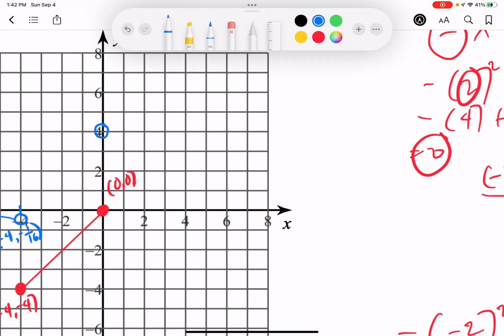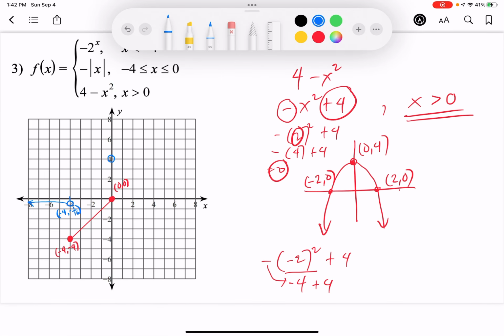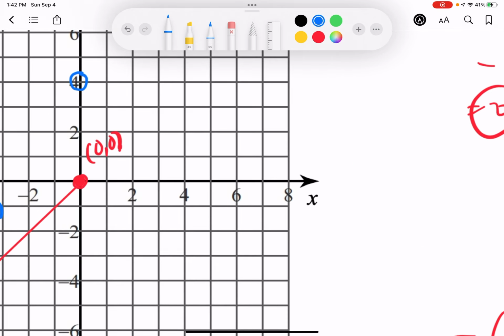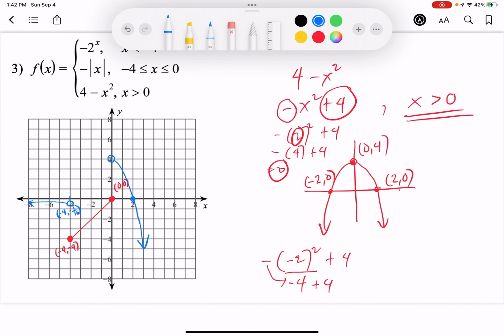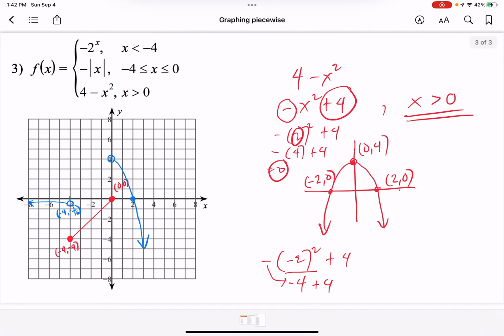Siyempre, hollowed. Kasi, hindi naman kasama yung 0 sa ating domain restrictions. Ngayon, meron tayong isang x-intercept sa 2, 2, 0. So, the graph now looks like this. Ayan. Okay. Yan po yung graph ng ating pangatlong function.